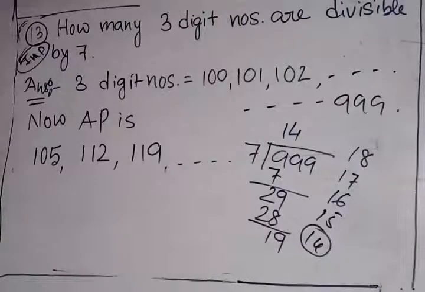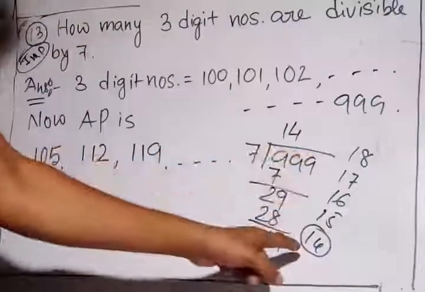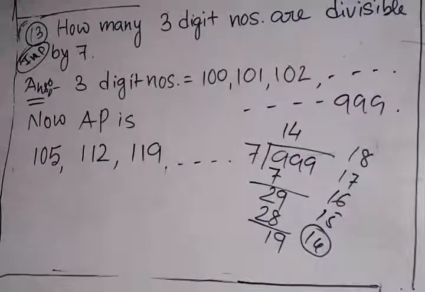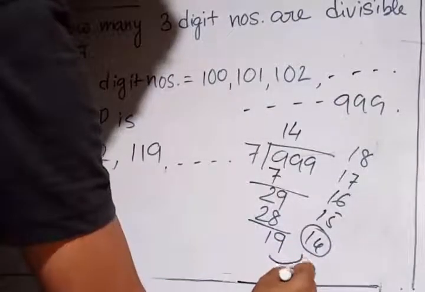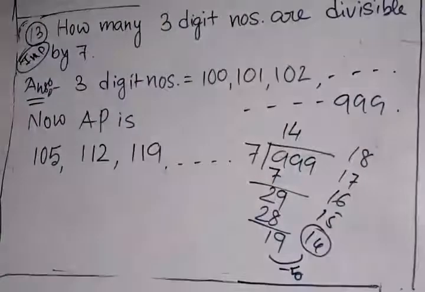So to get the 14, how much do we have to subtract? 19 and 14. 19 minus 14 is 5. That means the difference is 5.